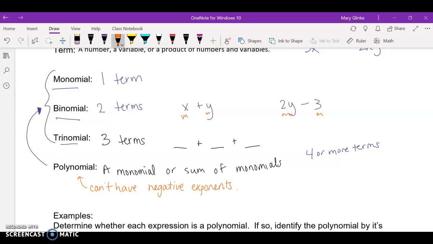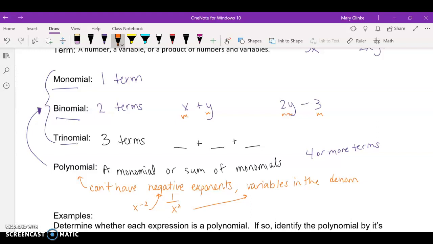They also cannot have variables in the denominator. So examples of these ones would be like if you have 1 over x squared, this is not a polynomial because it breaks the variables in the denominator rule. Or even if you have x to the negative second, this is not a polynomial because you can't have negative exponents.